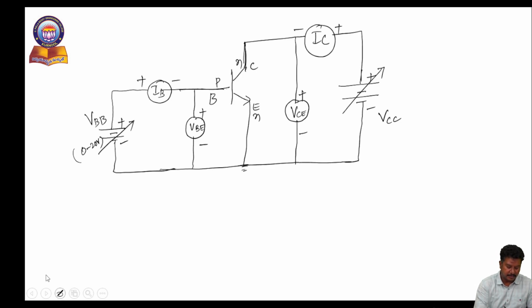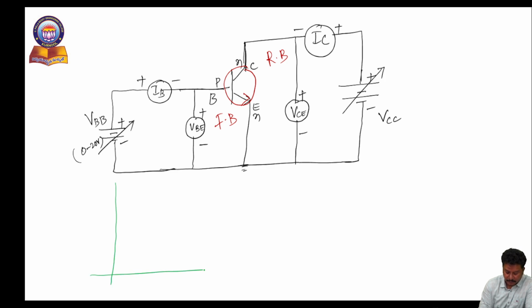So as we know, input is forward bias and the output is reverse bias. This is the NPN transistor I am considering. Here I have to find out which one is the dependent and which one is the independent parameter. First I am observing the input characteristics, and here I am taking the output characteristics.